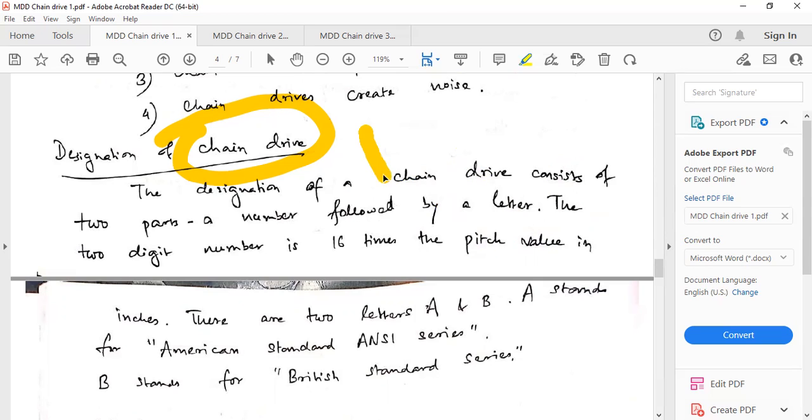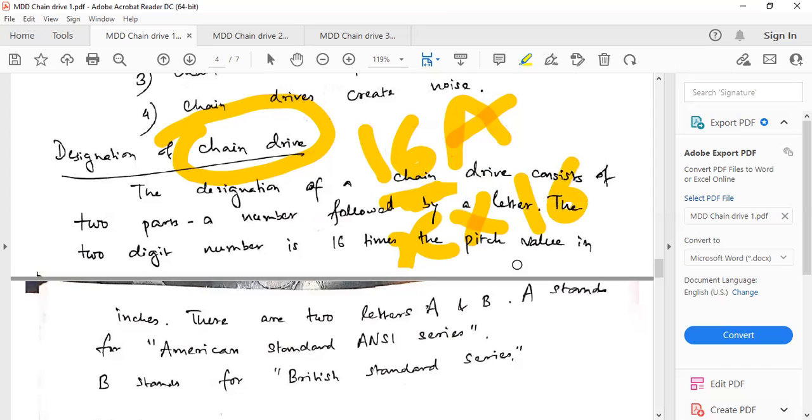Suppose we have 16A, then this 16 value is obtained by multiplying something with 16. So what is that? The number we have multiplied with 16 is 1. So we have multiplied 1 with 16 to get 16.